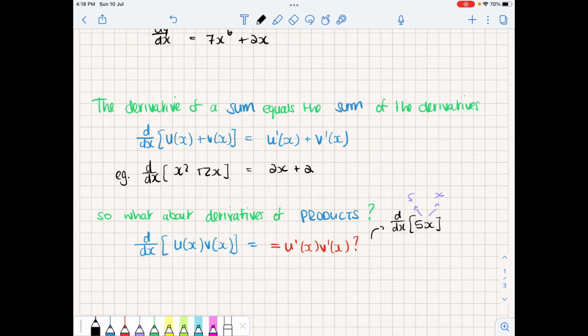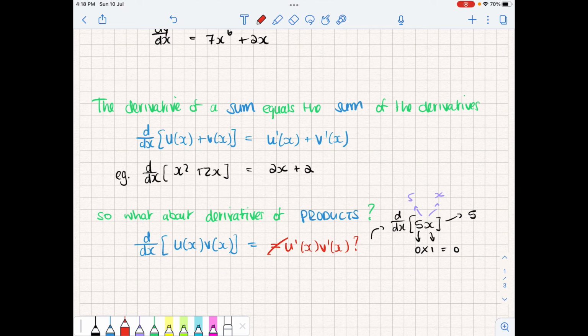We take the derivative of one multiplied by the derivative of the other, and we know the derivative of any constant is just 0, and the derivative in this case of x is just 1. So 0 times 1 is equal to 0. But we know that the derivative of 5x using the power rule is 5. So clearly this is not the way that we differentiate products, and we need to come up with a better technique.